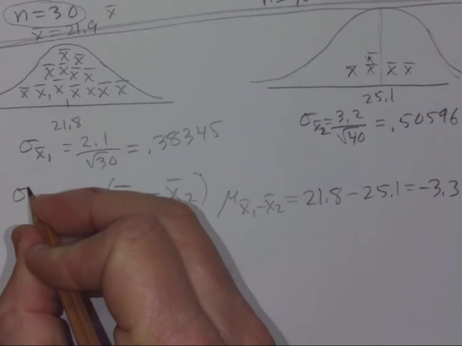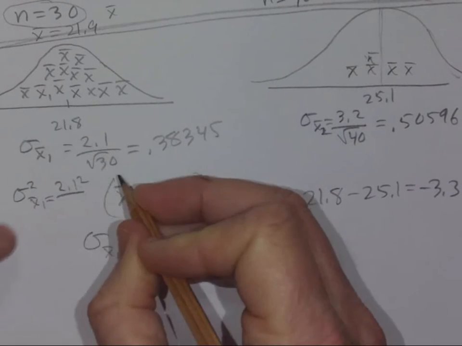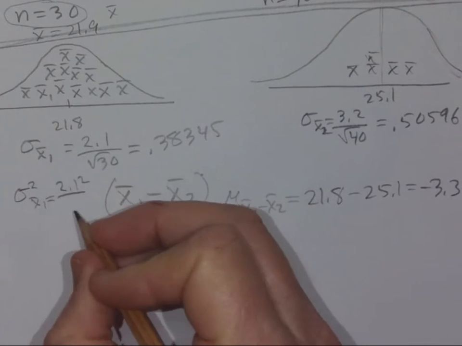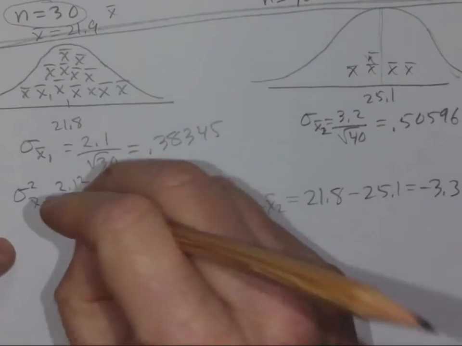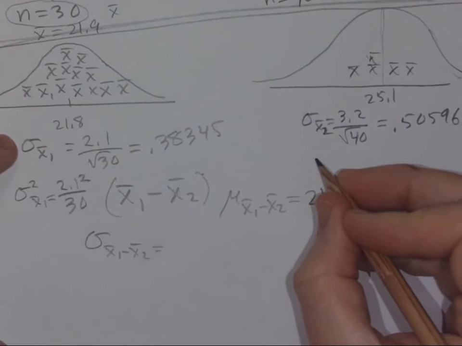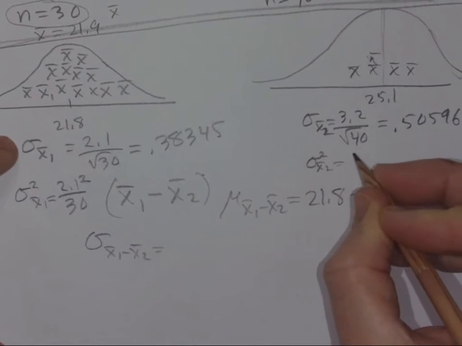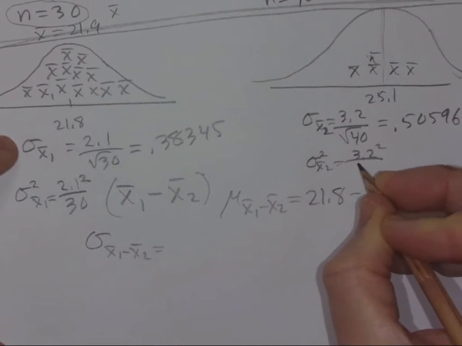So the variance of x bar sub 1 would be 2.1 squared over, and the square root of 30 squared is just 30. So it's 2.1 squared over 30. And then the variance of x bar sub 2, you'd square that. That'd be 3.2 squared over 40.